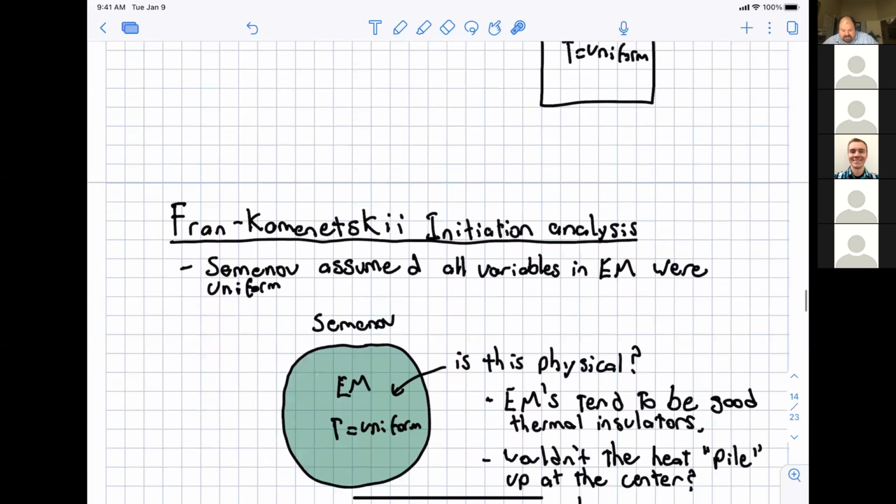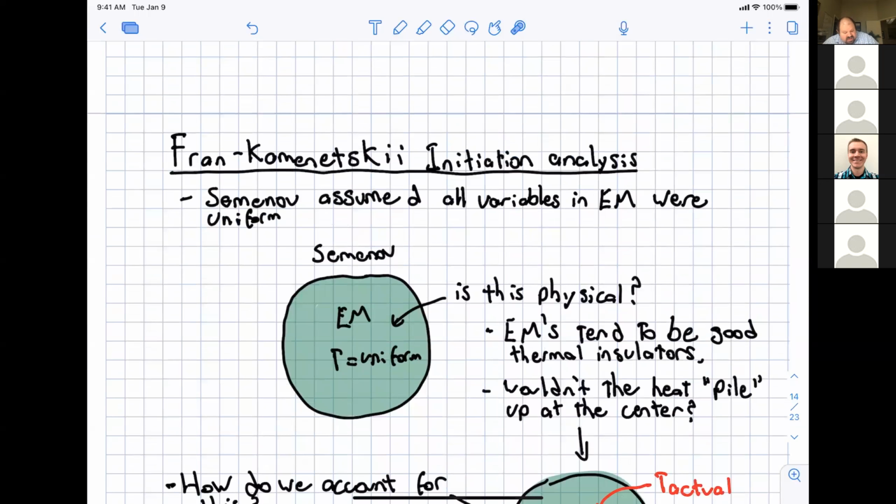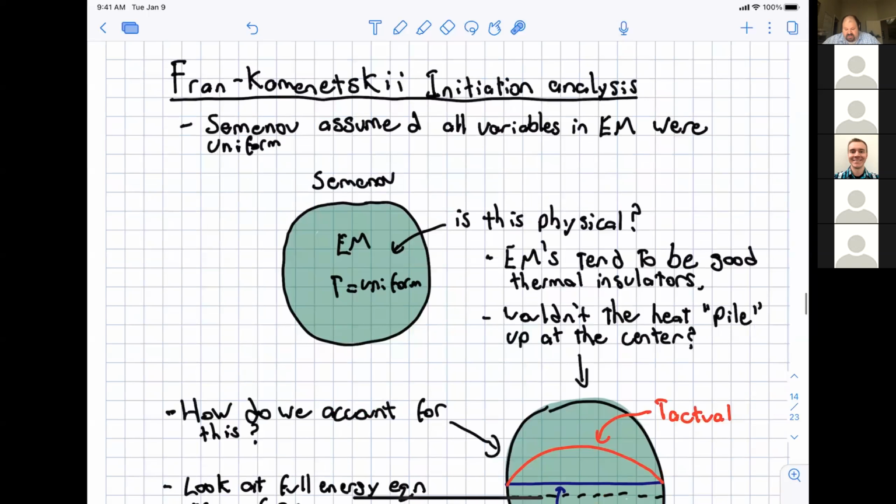Okay, and so as I alluded to earlier, Semenov assumed that all variables in this chunk of energetic material are perfectly uniform. Is this physical? For some materials, it works well enough, but many energetic materials tend to be really good thermal insulators.